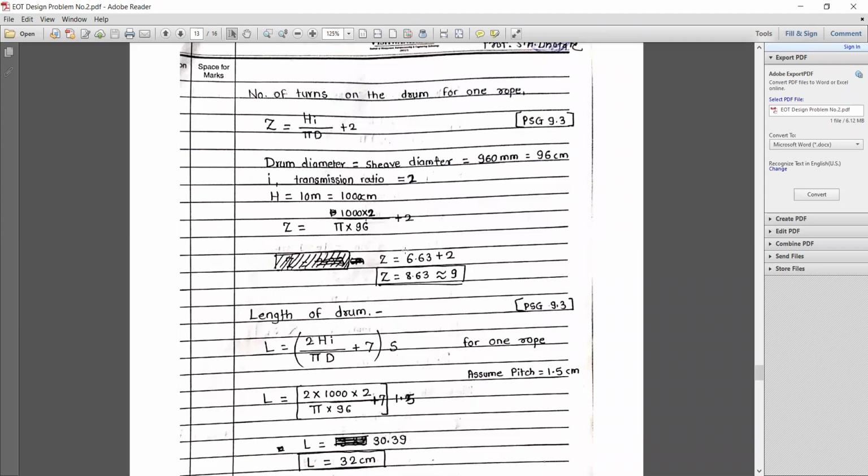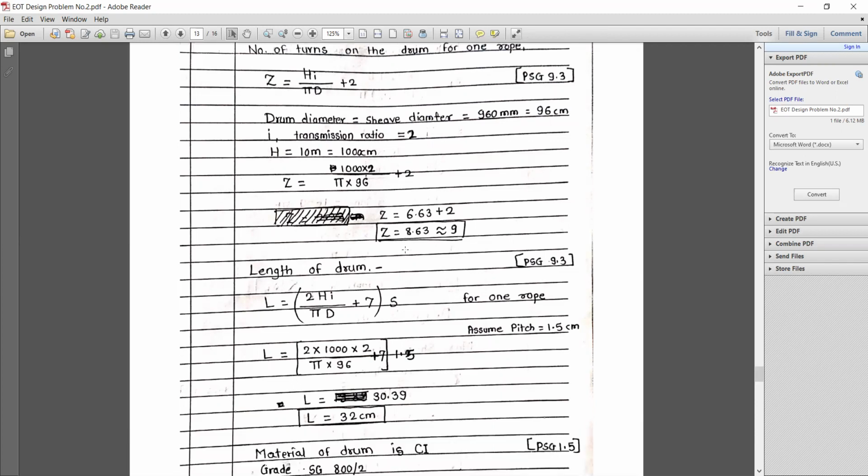H is equal to 10 meter, the height which is already given, converted into centimeter. Putting all the values, z is equal to 6.63 plus 2, that is 8.63, which is equivalent to 9. So the number of turns on the drum for one rope are 9.